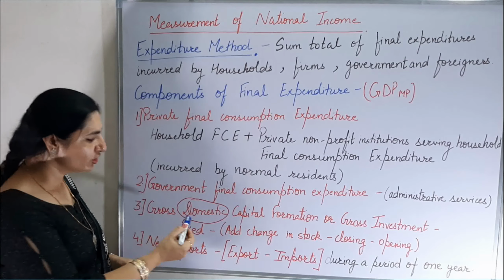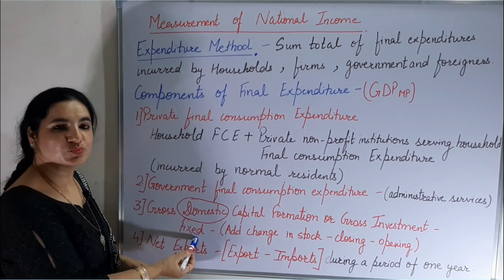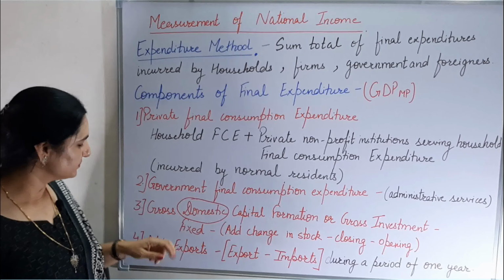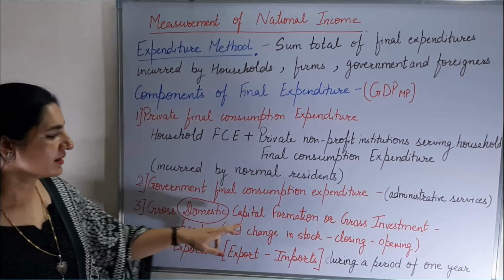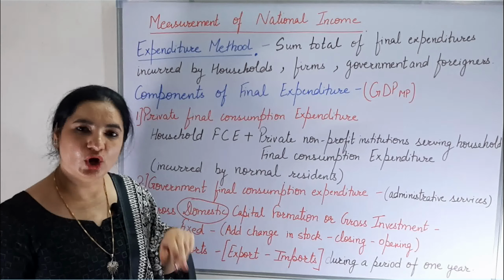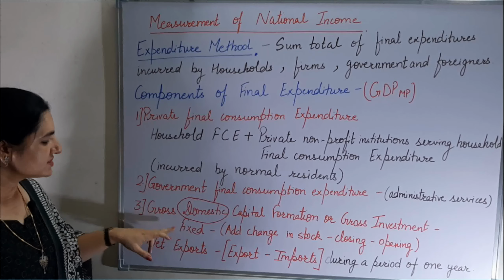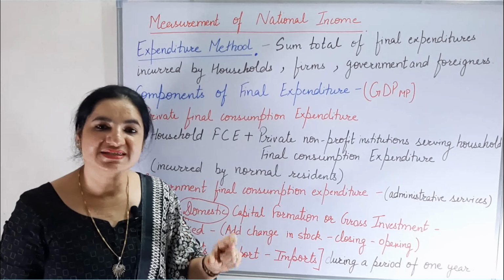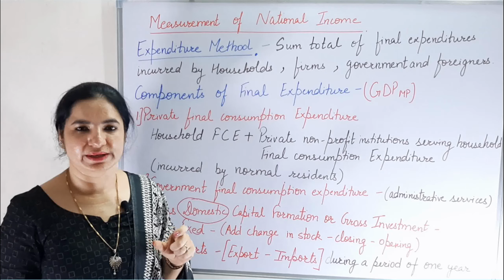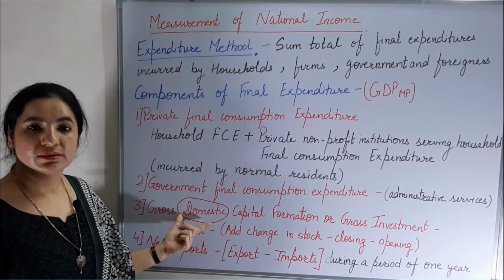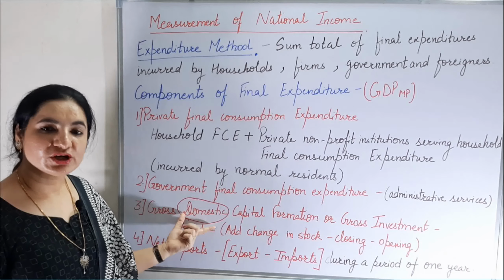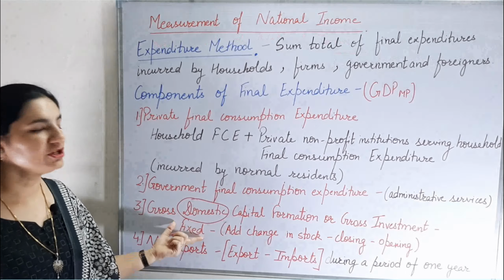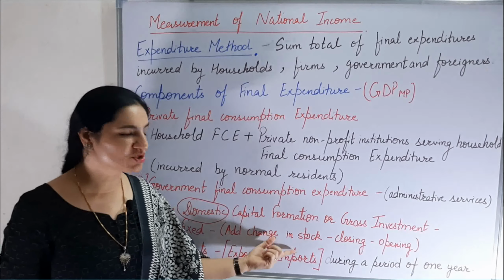But if instead of domestic, the word fixed is given to you, it may be given in two patterns. First, gross fixed capital formation, or in second way, gross fixed domestic capital formation. If the word domestic is included in this bit, with domestic or without domestic hardly matters, we need to add change in stock.